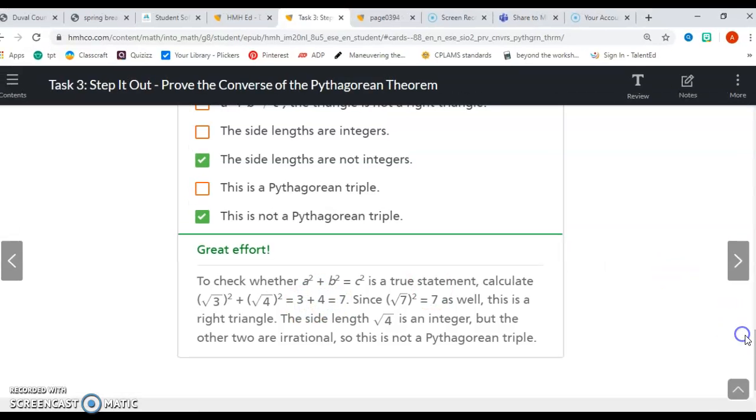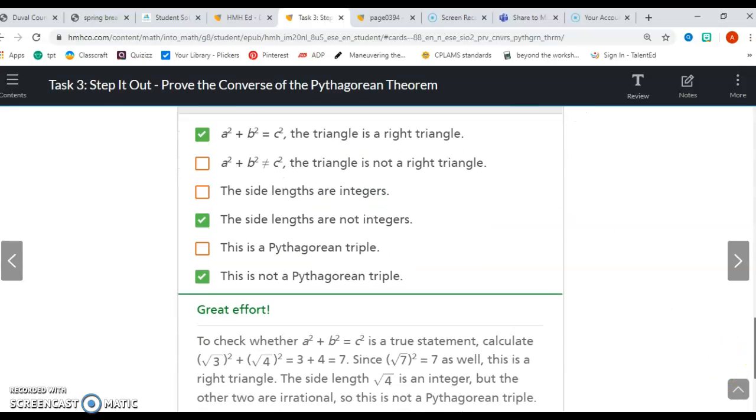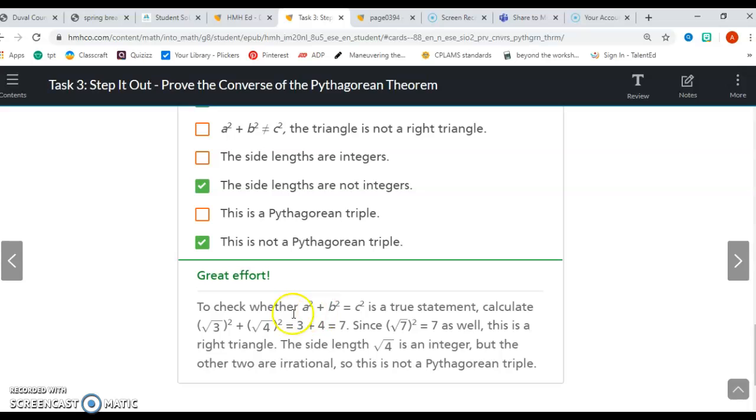So I'm going to tell you one more time. If I plug the value of the square root of 4 into the equation for b, right there, the value of the square root of 4 squared is just 4. Think about that. The square root of 4 is 2, and 2 squared is 4.